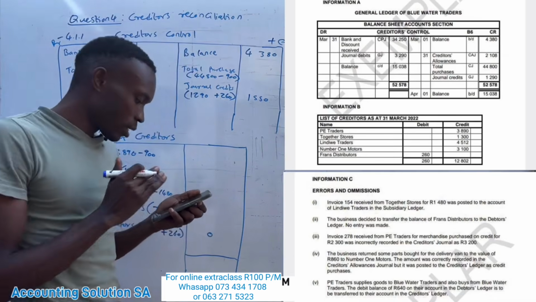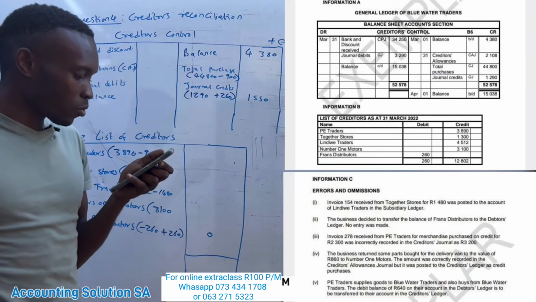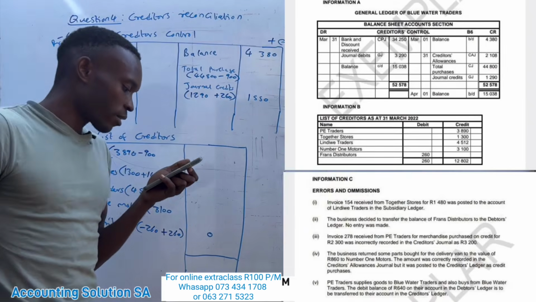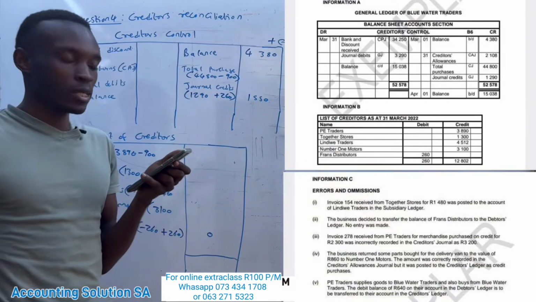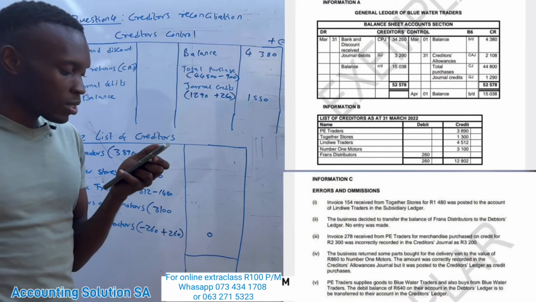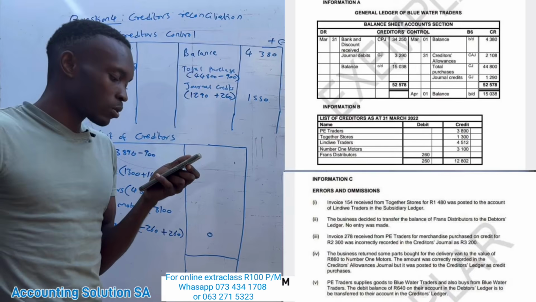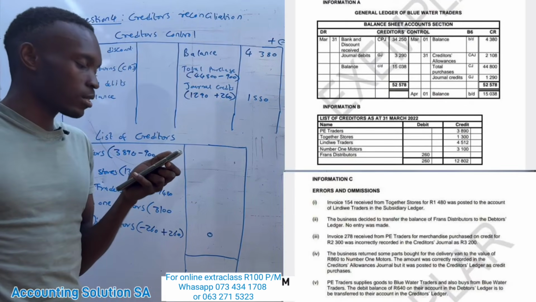Okay, then the next one: the business returned some parts bought for the delivery van, for the value of 860, to Number 1 Motors. The amount was correctly recorded in the creditors allowance journal, but it was posted in the creditors ledger as a credit purchase.